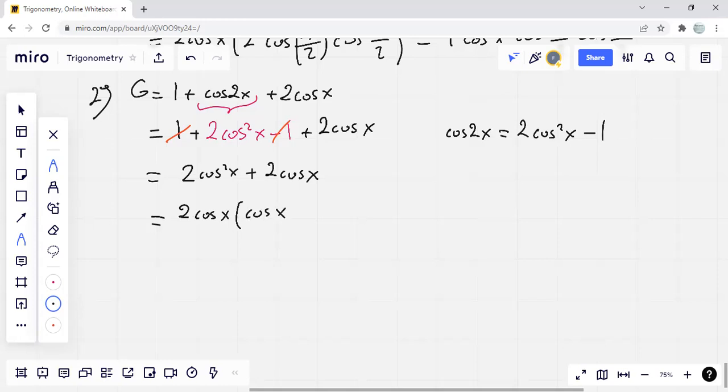We will be left with cosine x from this one and plus 1 from this one. Now it's some sort of a product. But we can also change this one, cosine x plus 1, into another form of cosine. How can we do this?